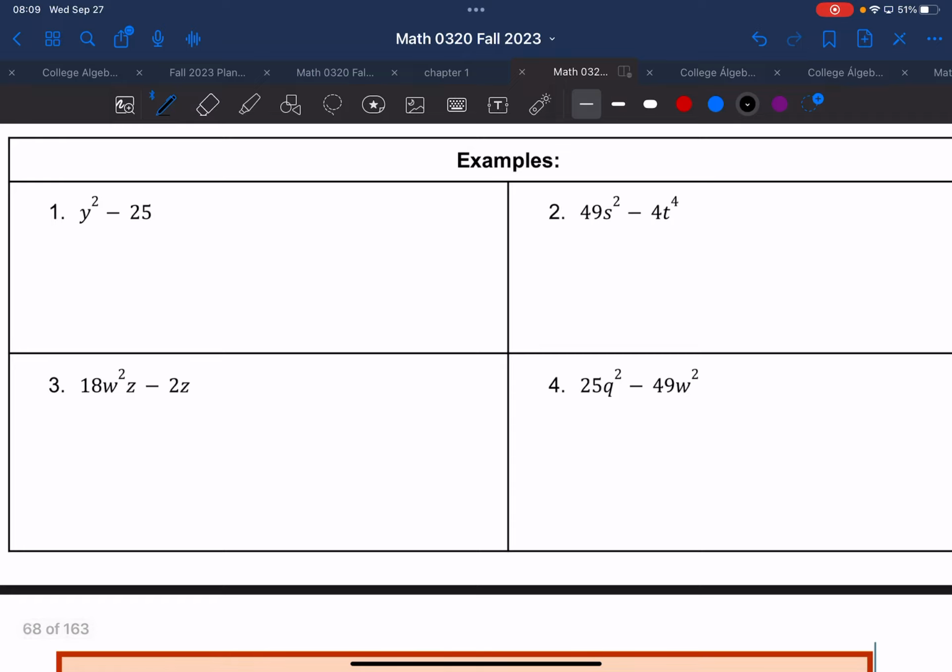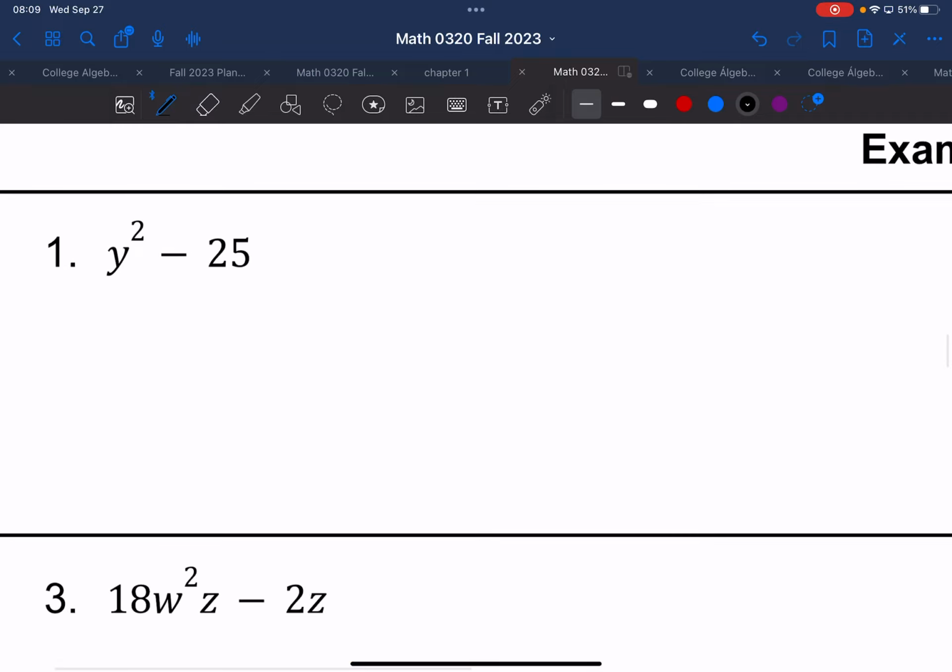So for example 1, we have y squared minus 25. Our first thing here is to check if each of these is a perfect square. So can we take the square root of both? Yep, so we can take the square root of y squared, and that's going to give us what? y.